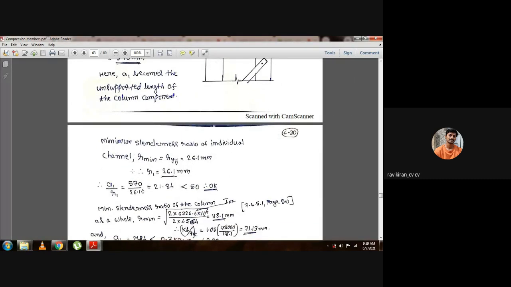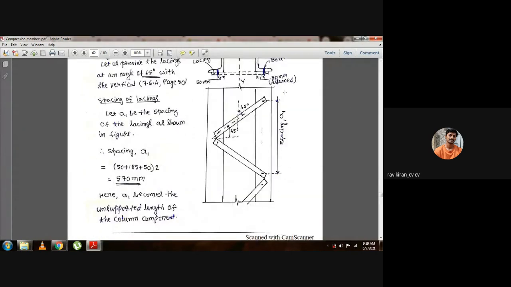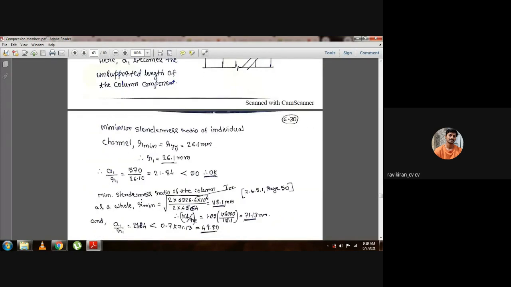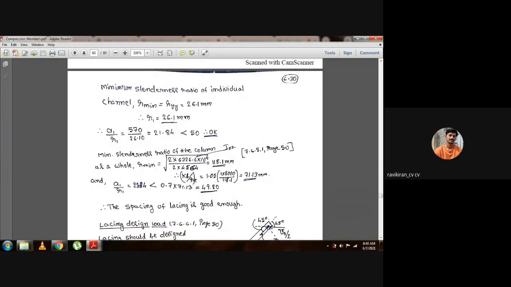So let us check A1 to R1. A1 is what? This distance. R1 is what? Least radius. Will give us 21.84, which is less than 50 as mentioned in the code. So it is satisfied.